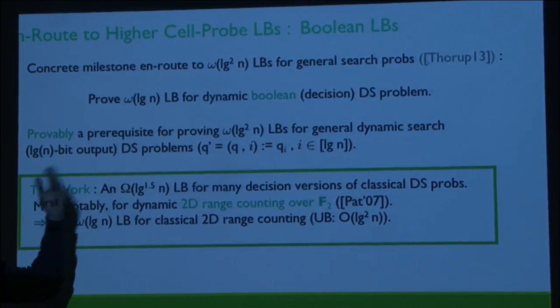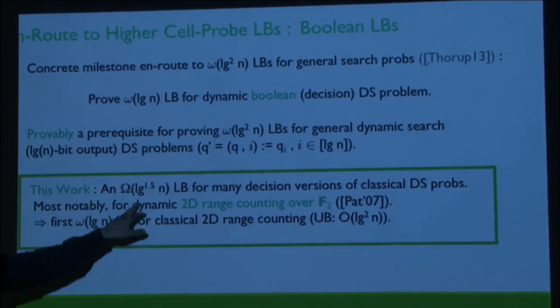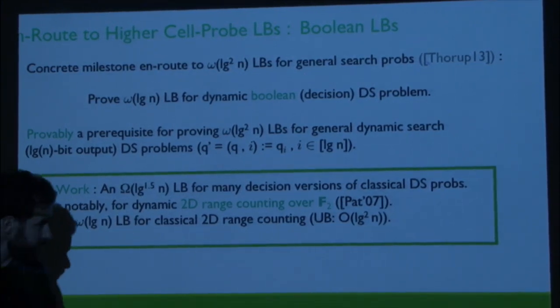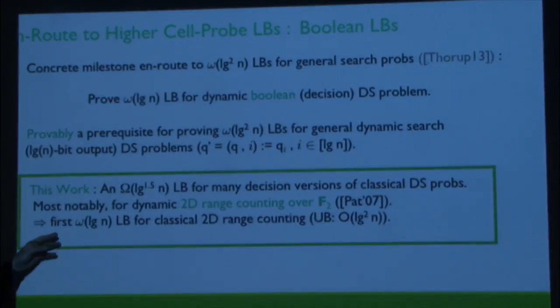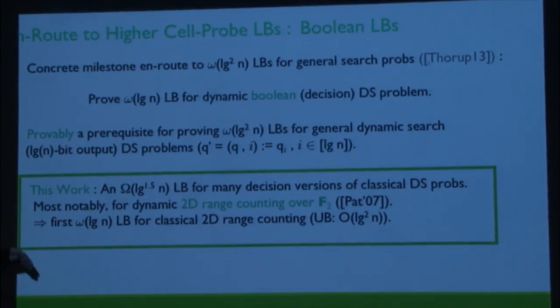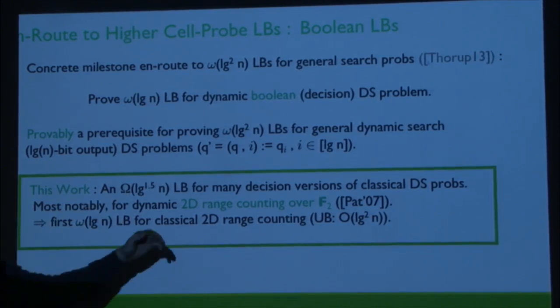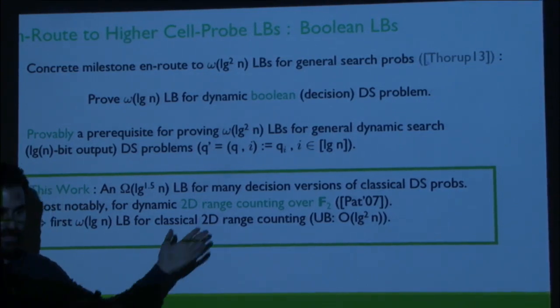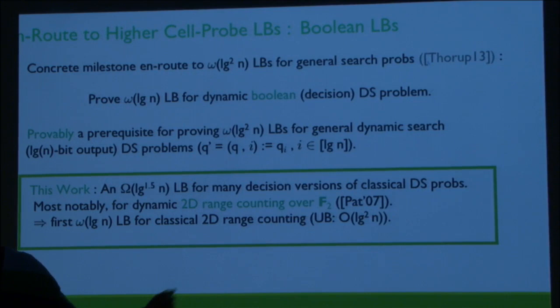Actually, even if you have polylog, even log to the 10 update time, you still must spend log to the 1.5 query time. And I think the most appealing consequence of this lower bound is the first super logarithmic, the first log to the 1.5 n lower bound for the classic unweighted range counting problem. So if the parity requires that time, of course the classic problem requires it.